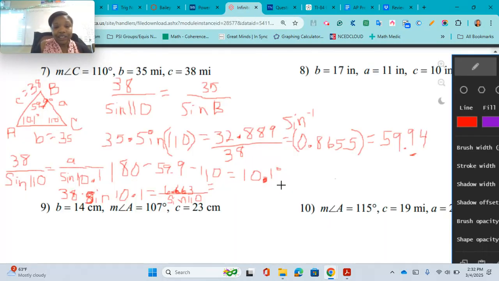Round to the nearest tenth. 7.1. So this little a is 7.1. Any questions?